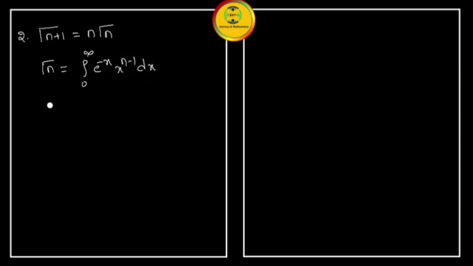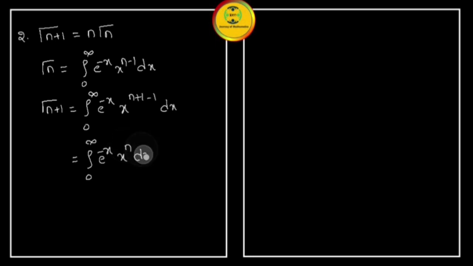Now here I can rewrite gamma of n plus 1 by replacing n by n plus 1. So we will get integral 0 to infinity e power minus x x power (n plus 1 minus 1) dx. Since in the place of n we have n plus 1, wherever n is there I have to replace it with n plus 1. So x power n plus 1 minus 1 can be written as x power n dx.